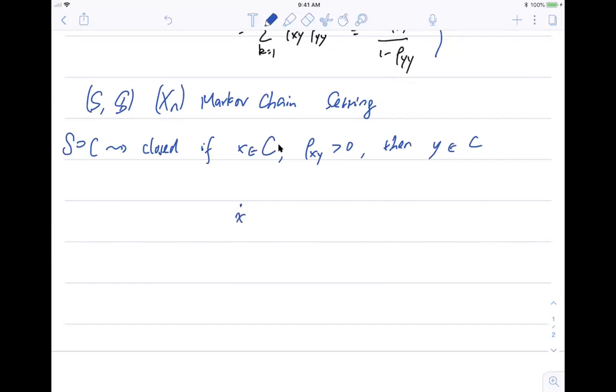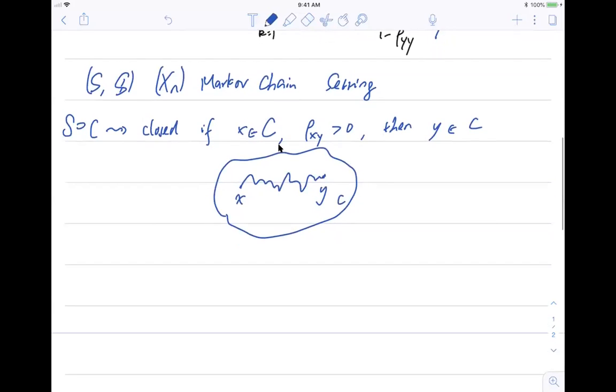So if you're starting from X and you can reach Y, Y is accessible from X, then Y is also in C. So closed means that if two states are accessible, if one is there, then the other is also there.